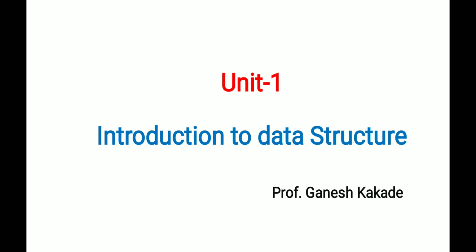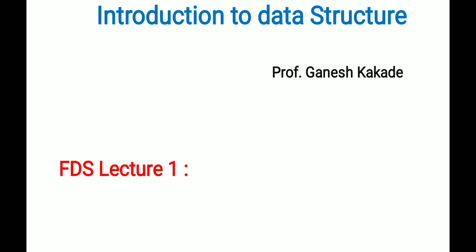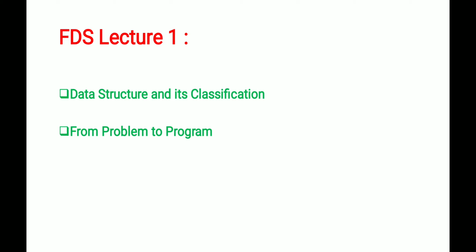In this subject, Fundamental of Data Structure, we need to learn unit number 1, that is Introduction to Data Structure. So let's start. In lecture 1, we need to learn the data structure and its classification, and from problem to program.